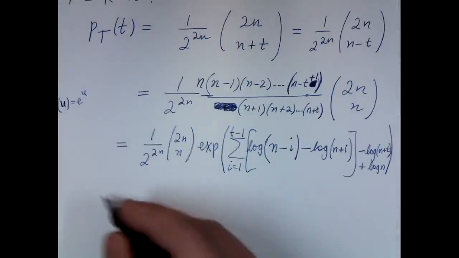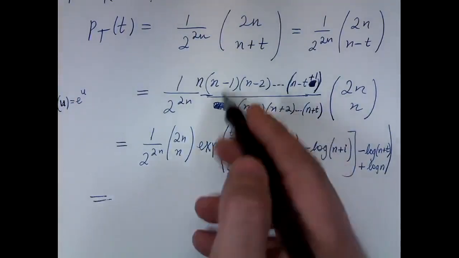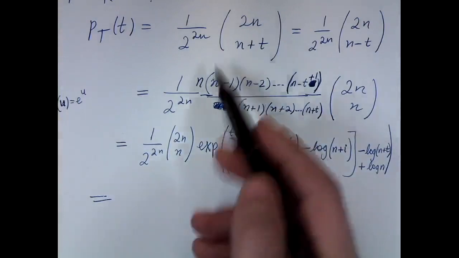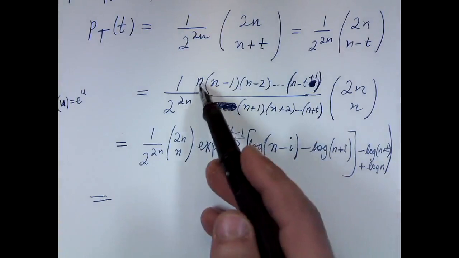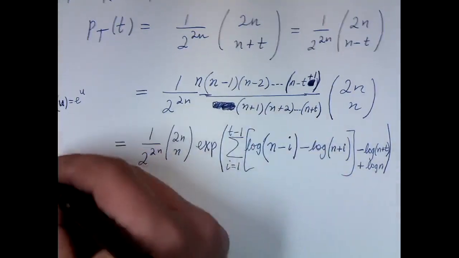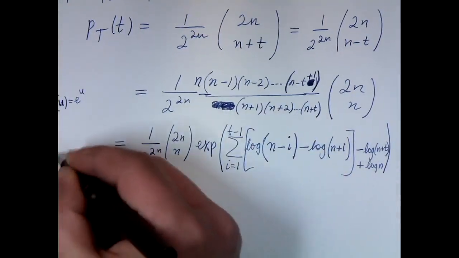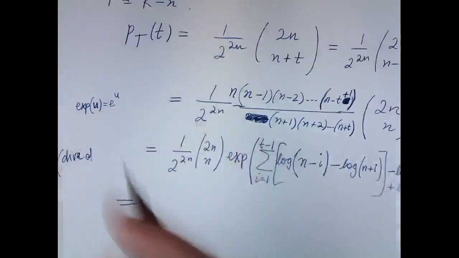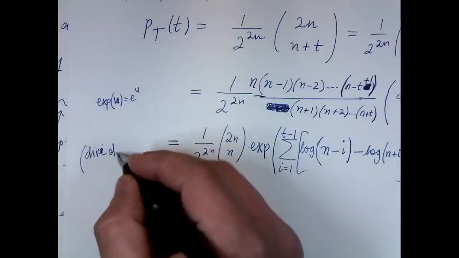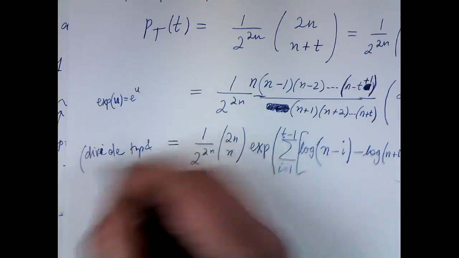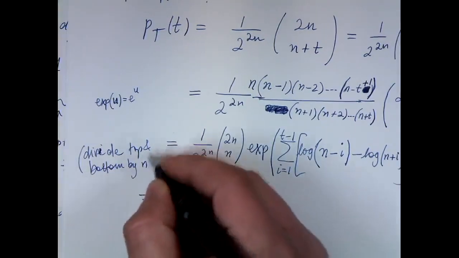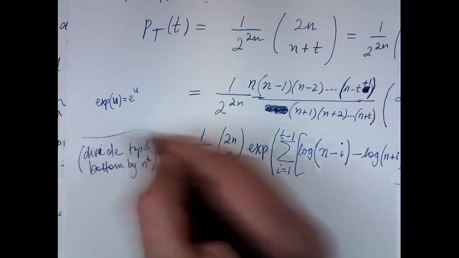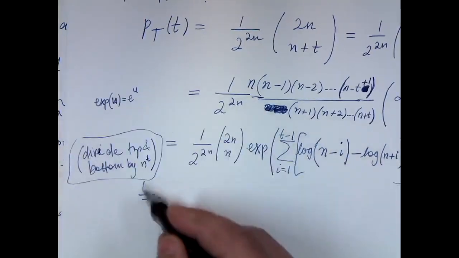And to do that, probably it would have been better to do it on the previous line, whenever I have n, I'm just going to divide top and bottom by n. Effectively what I've done is divide top and bottom by n to the power t. That's really what I've done when I go to the next line.